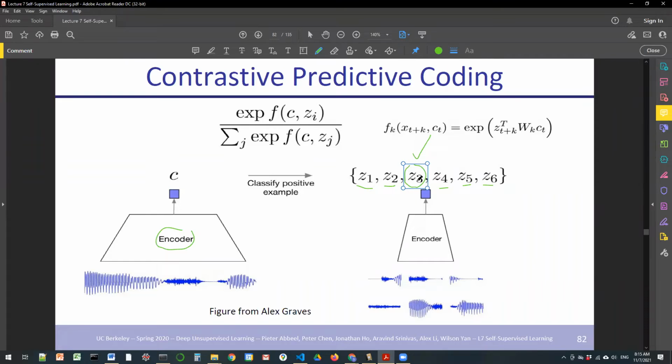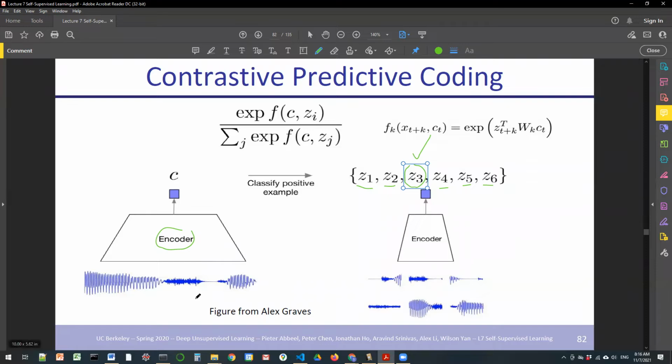So we make the neural network predict the correct example from a bunch of examples which contain mostly negative samples and one positive example. If you have a continuous audio waveform, think of sampling a bunch of audio downstream, from the audio where you're using as the context.